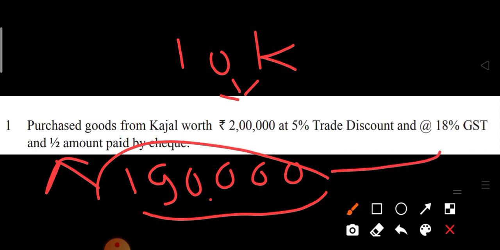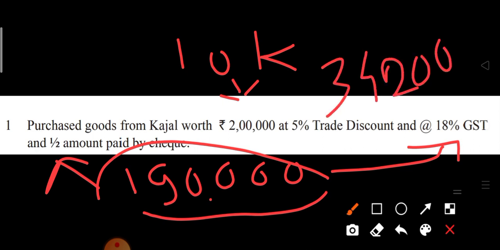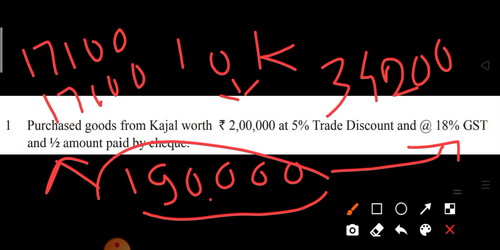So this is my GST on 1,90,000. Here I am writing 34,200 is my GST, out of which CGST is 17,100, whereas SGST is also 17,100. Is that clear?